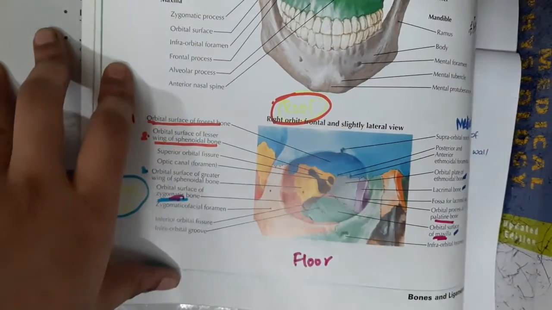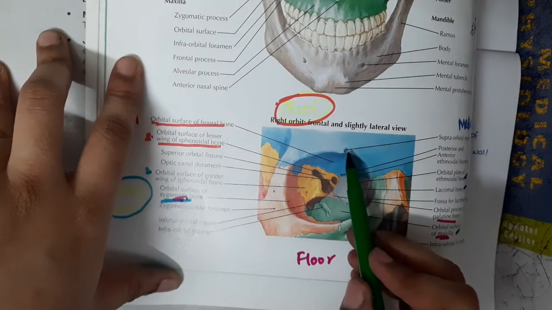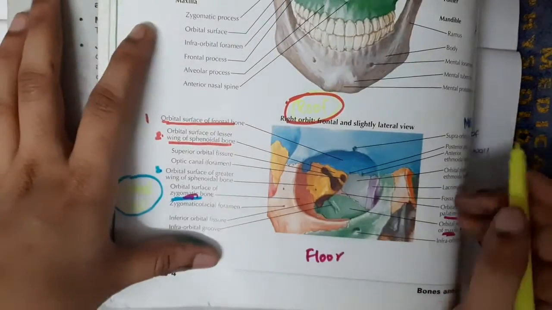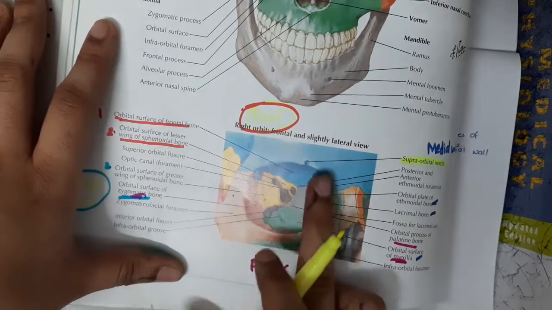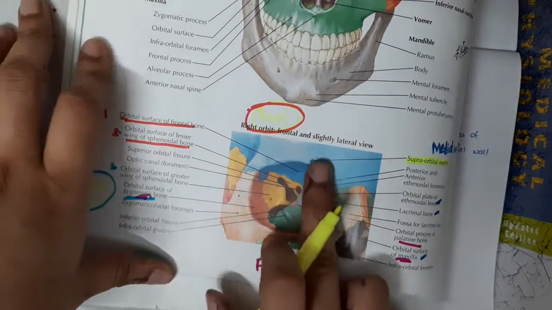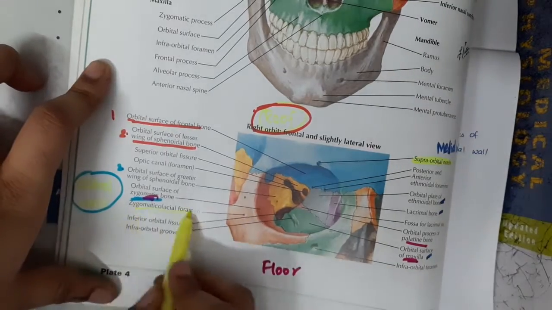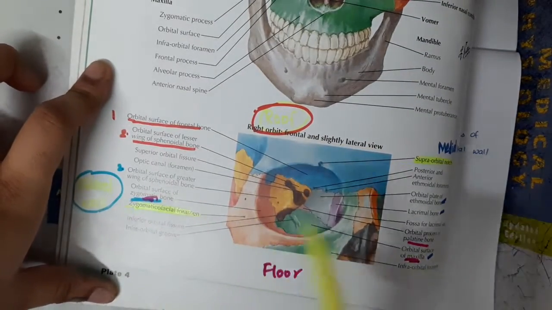Okay, in this diagram if you see, you have a supraorbital notch, which is present between the medial 1/3 and lateral 2/3. Then you have a zygomaticofacial foramen, which is present in the zygomatic bone.